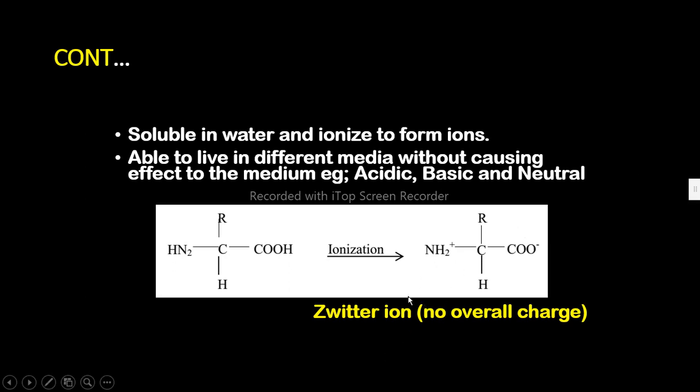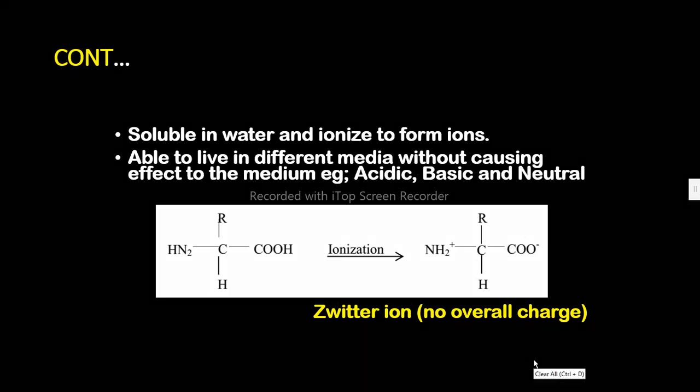And the importance of this: you can see that our amino acid has two ends, and the two ends respond differently based on the behavior of the medium at that particular point. The way it responds when it is in acidic medium and the way it responds when it is in basic medium is totally different.